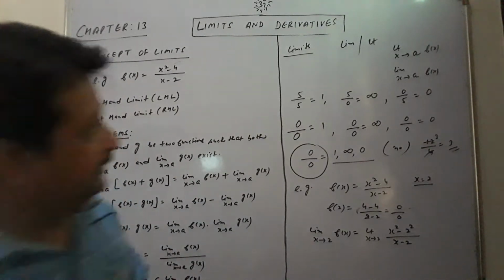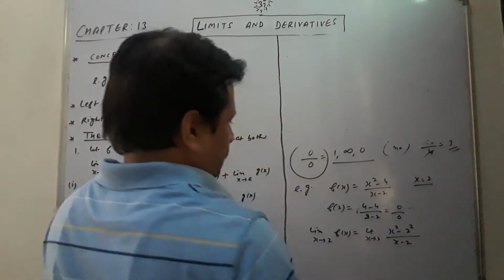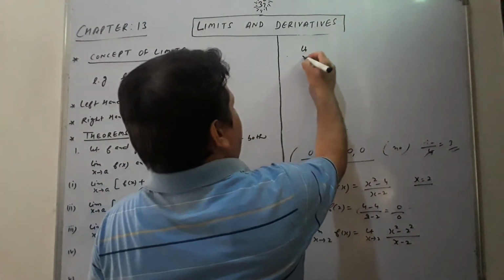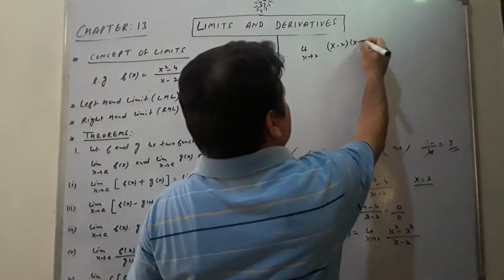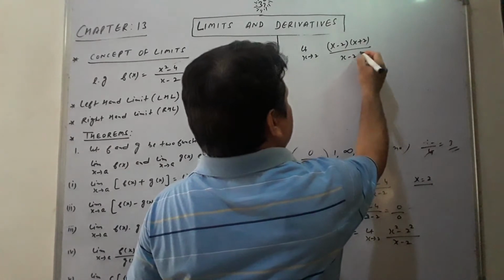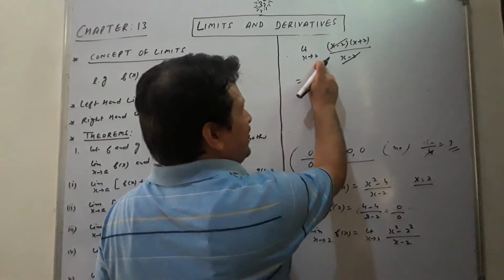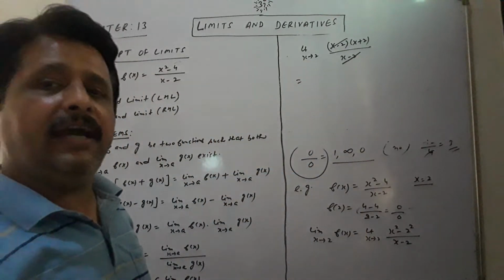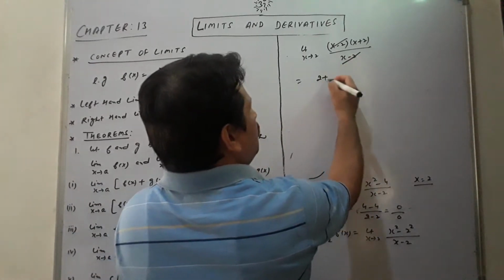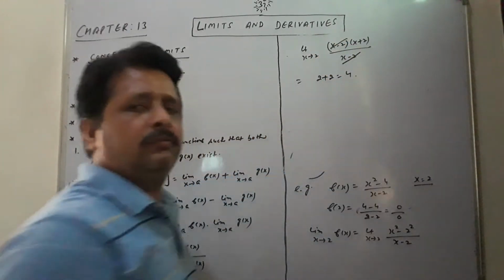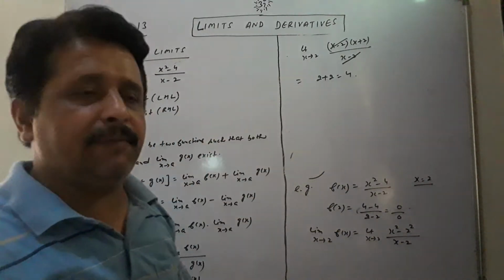So when you solve it, this will come as limit x tends to 2 of x minus 2 into x plus 2 upon x minus 2. It will cancel out. Now x tends to 2 means if we take x as equal to 2, you will see 2 plus 2 comes as equal to 4. So now with the help of the limit, we can find the solution of this type of problem, students.